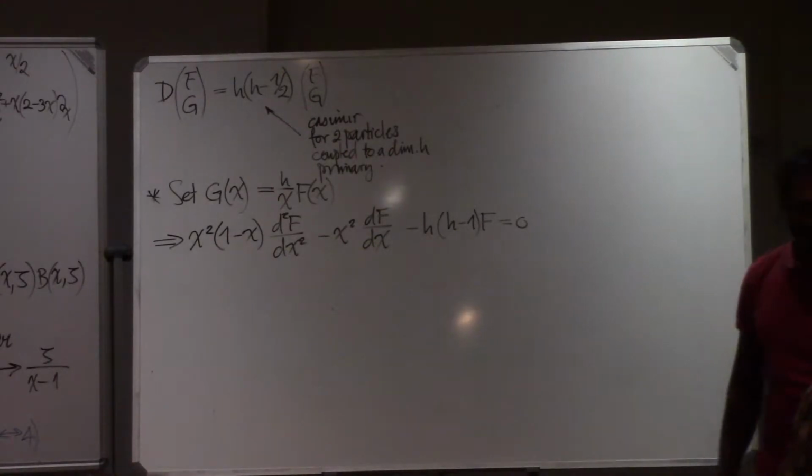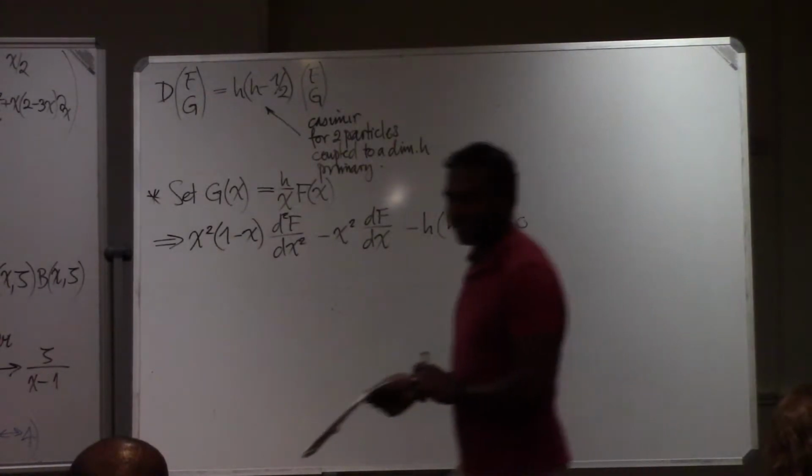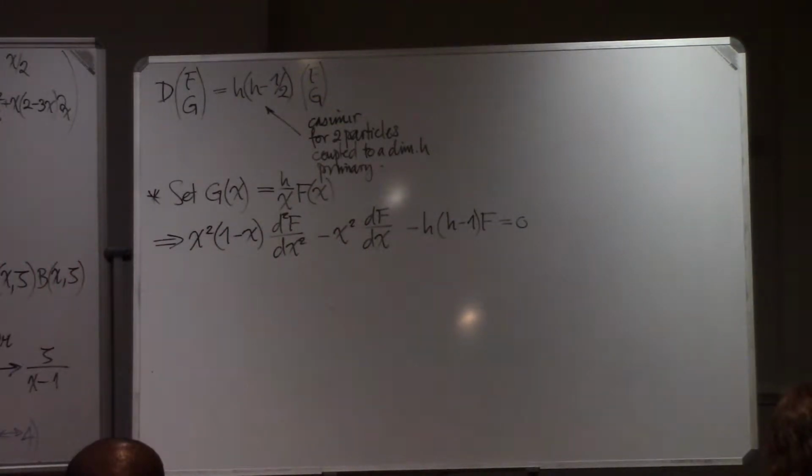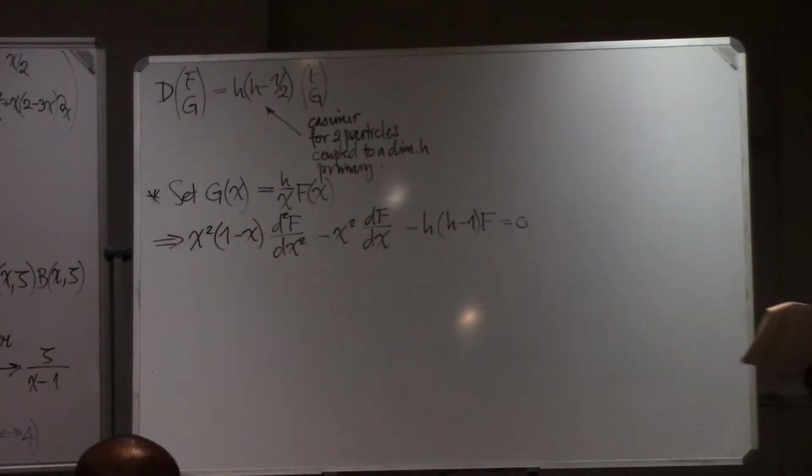So let me ask the students, what's that equation? Anybody recognize that equation? Yes? Looks like a Bernoulli type equation. We have one taker. That's usually my way of saying no.